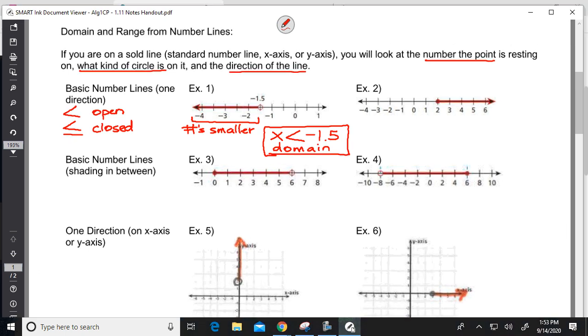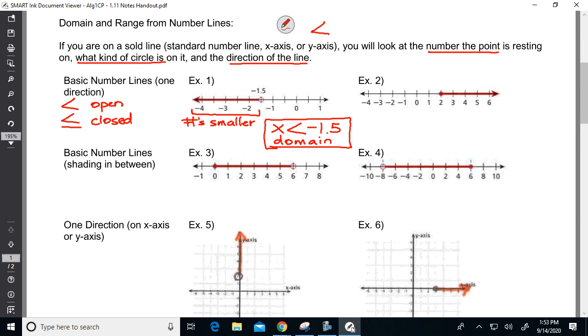So when you have less than or greater than, that means you can write the number, but you can't use it. That's why it has an open circle. You can write the number, you can't use it.